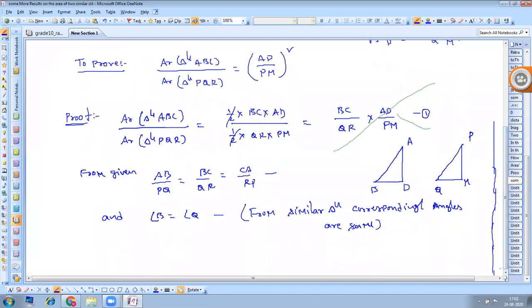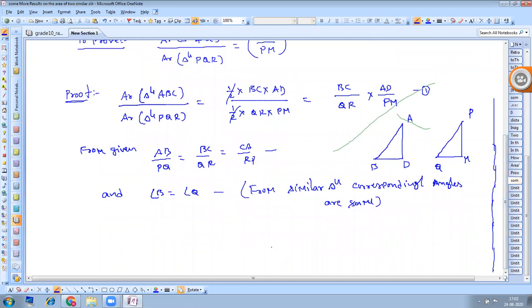Identify one more angle that is the same in both triangles. Which angle can I write as the same from ABD and PMQ? Angle ADB will be equal to angle PMQ, equal to 90 degrees. So from these two statements, triangle ADB is similar to triangle PMQ, by the AA similarity criterion.